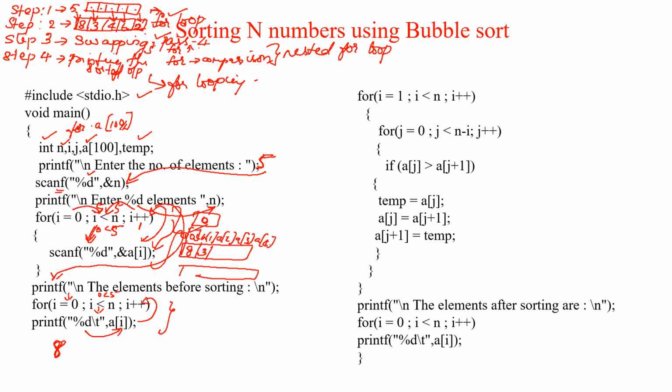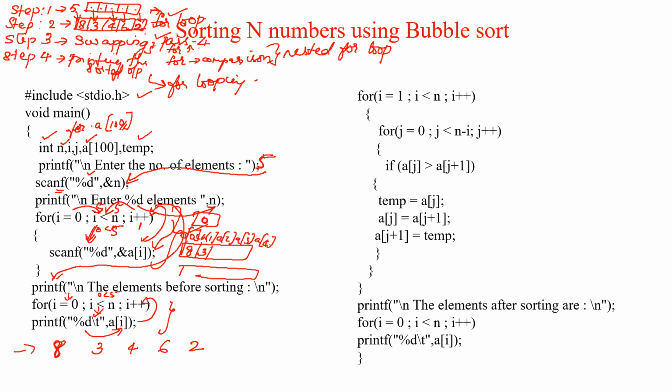Yes, the condition is true. Again the second data will be printed. \t is for a tab space, so there will be a space and the next value will be displayed after the space. So this cycle continues. So 8, 3, 4, 6, 2. These will be the elements before sorting which will be printed on the screen.